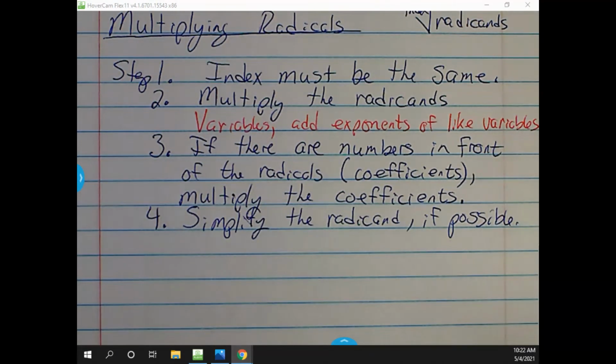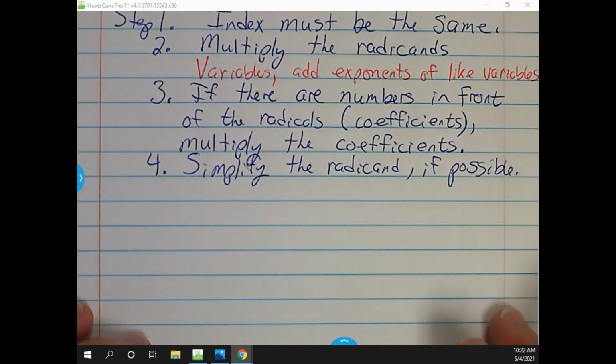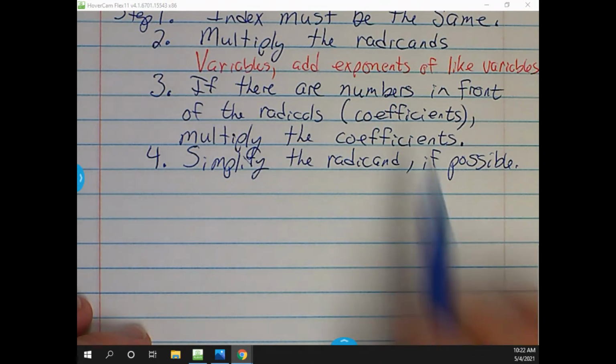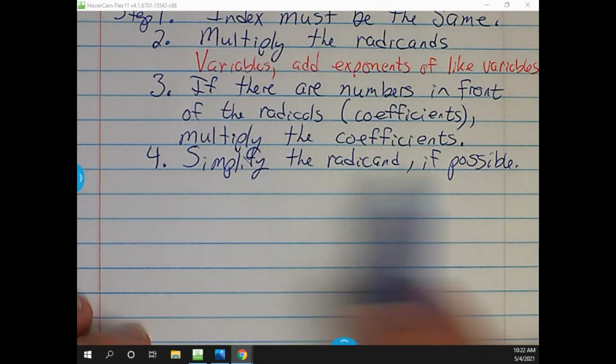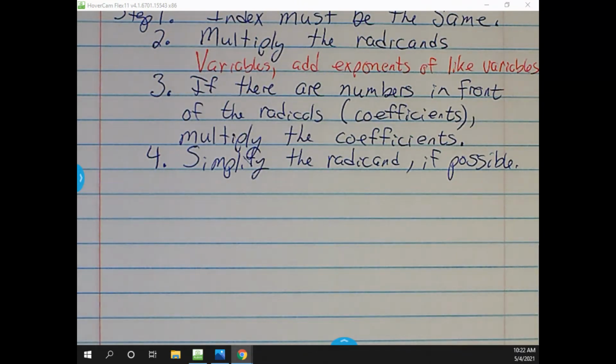And again, really the first step's always going to be done. We just put that on there for this one just to make sure we got it. So really everything after that is, you multiply the radicands, the numbers on the inside. If there are numbers on the outside, you multiply those together, and then you break down the radicand as much as you possibly can.